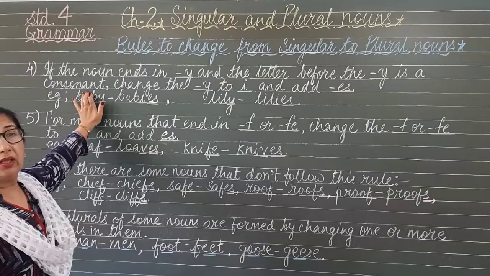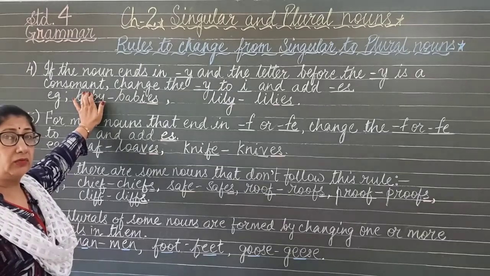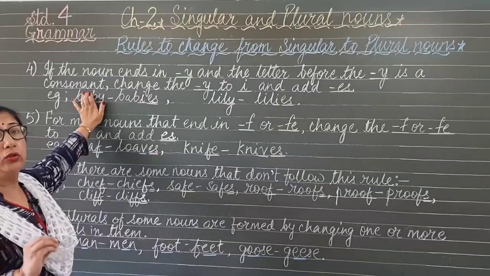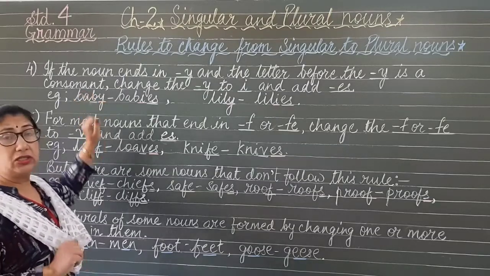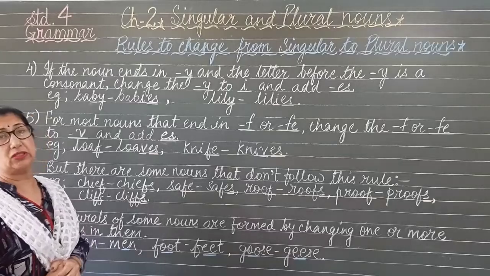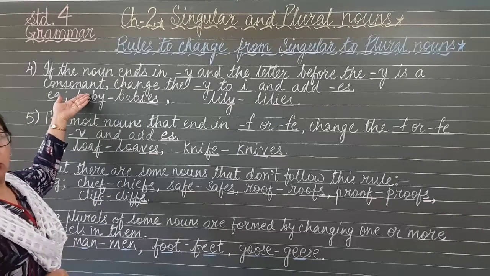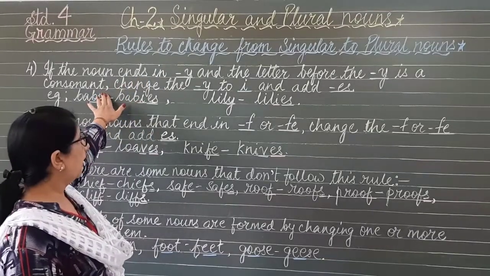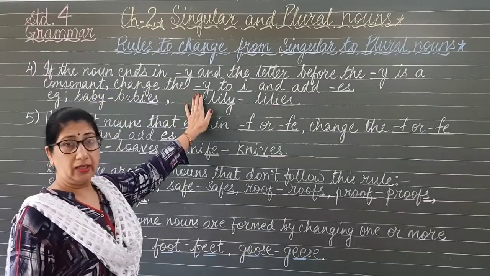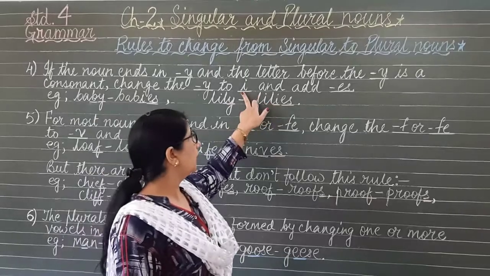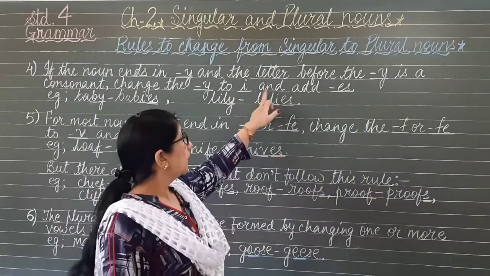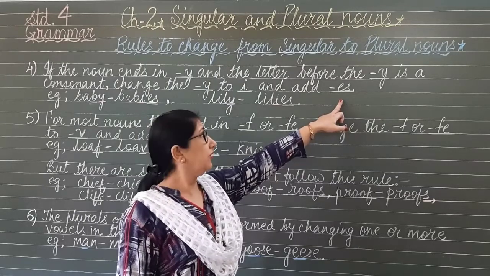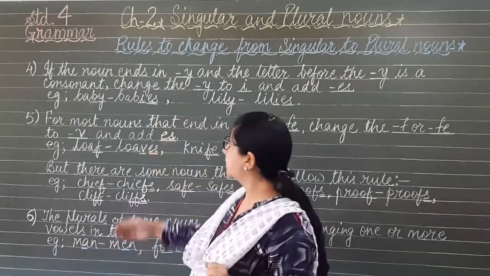The remaining 21 letters of the English alphabet except vowels. 5 vowels a, e, i, o, u को हटाकर बाकी जितने 21 अल्फ़ाबेट्स बचते हैं वो क्या होते हैं? कॉन्सोनेंट्स. तो अगर y के पहले वाला लेटर कॉन्सोनेंट है, then change the y to i. y की जगह पर हम क्या लगाएंगे? i and add es. एंड में क्या लगाना है? सिर्फ es. Let us see the examples.